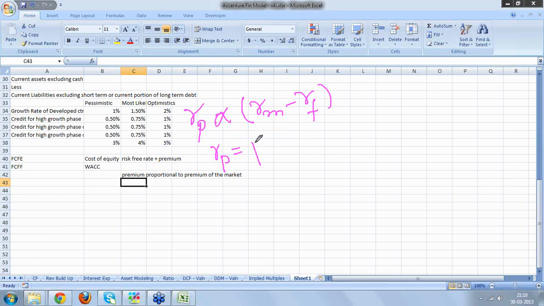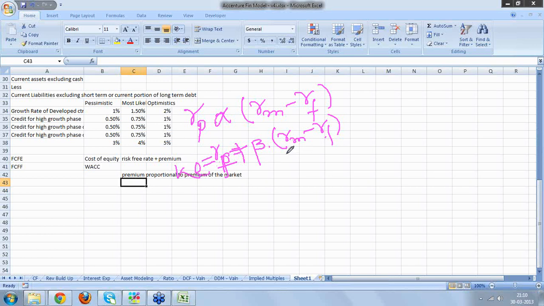That correlation is given by beta. So the premium that I am asking for is given by this equation. If I add the risk-free rate, this becomes the cost of equity. This is the expected return by a shareholder, so ideally this becomes my discount rate.